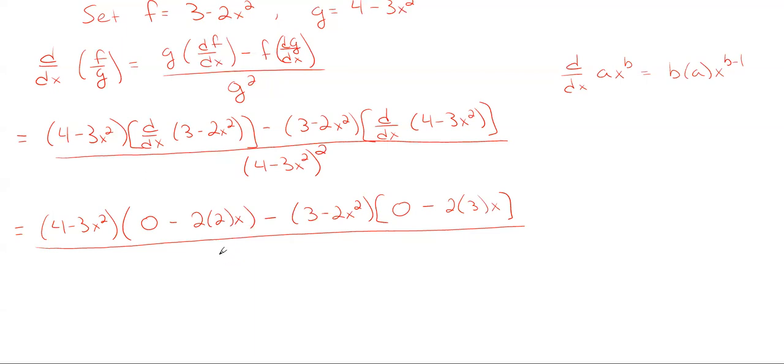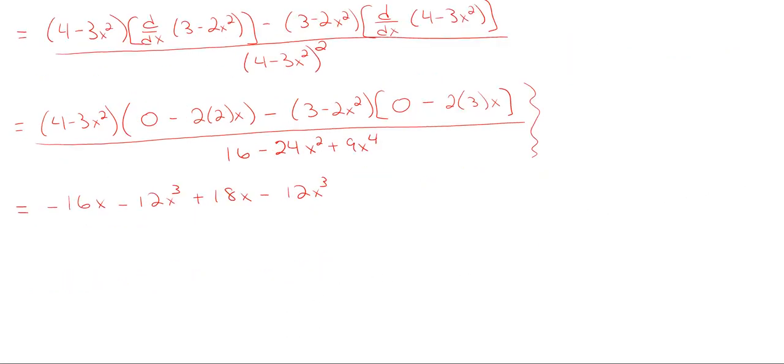And if we want to write that completely out, 4 minus 3x squared, squared is 16 minus 24x squared plus 9x to the 4th. Alrighty. So simplifying all this down, multiplying through by everything here, we will end up with a total of minus 16x minus 12x to the power of 3 plus 18x minus 12x to the power of 3, because from this point on, it just becomes simple algebra of multiplying through and simplifying down.